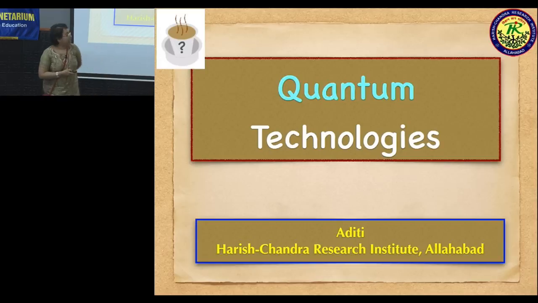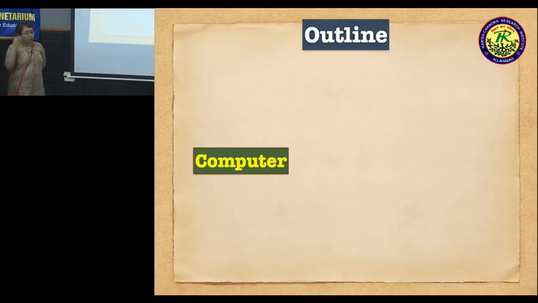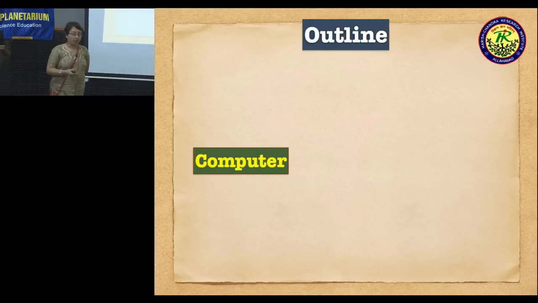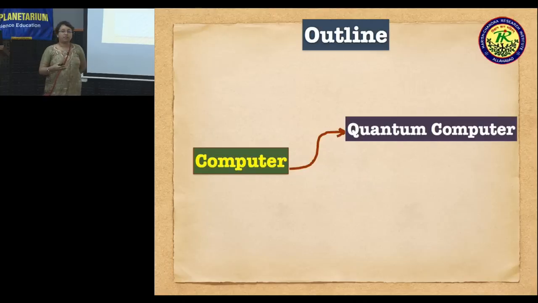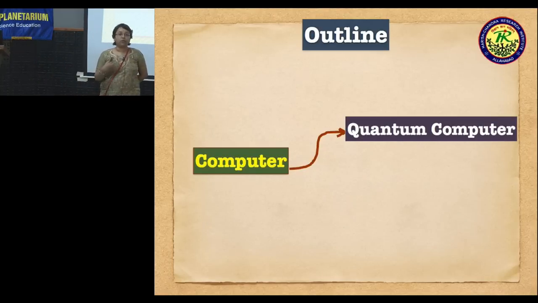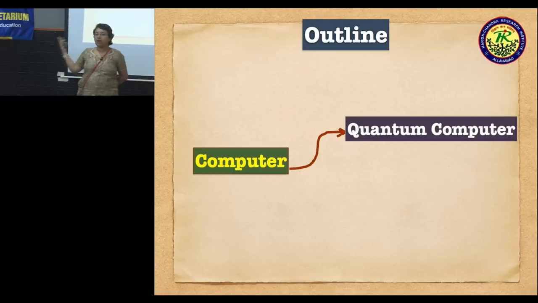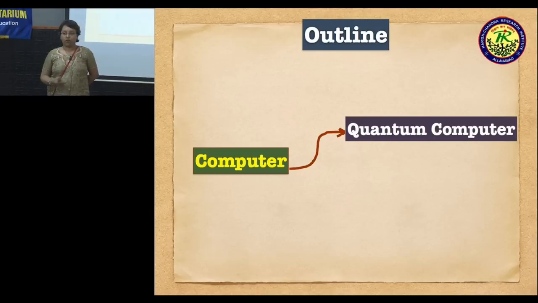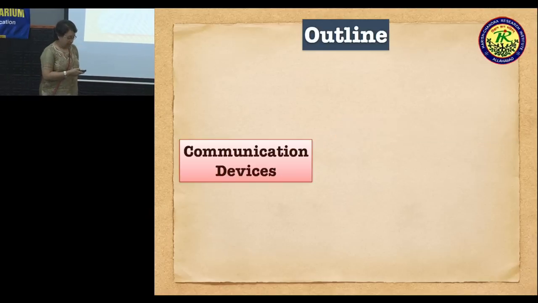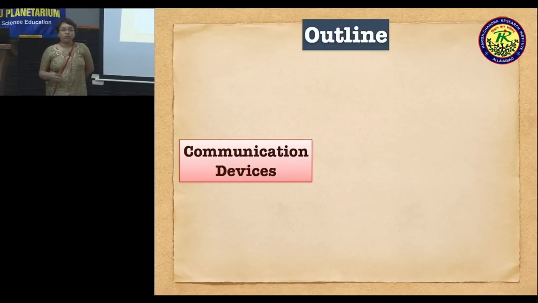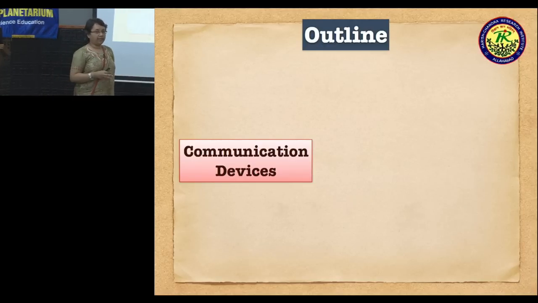The two technologies I'm going to talk about: one is computers, like desktop, laptop, and so on. I will show you that if we build a quantum computer, it can solve certain problems which we are not able to solve on our normal computers like desktops and laptops. Then I will talk about communication devices.